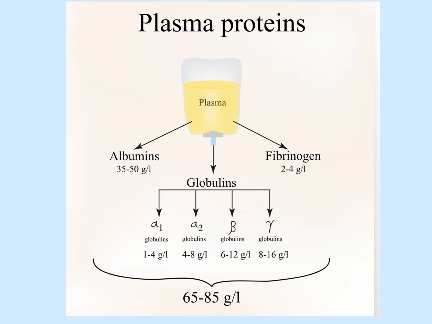Paper electrophoresis of blood serum proteins can give 5 fractions, and these fractions are here. They are albumins, alpha 1 globulins, alpha 2 globulins, beta globulins, and gamma globulins.